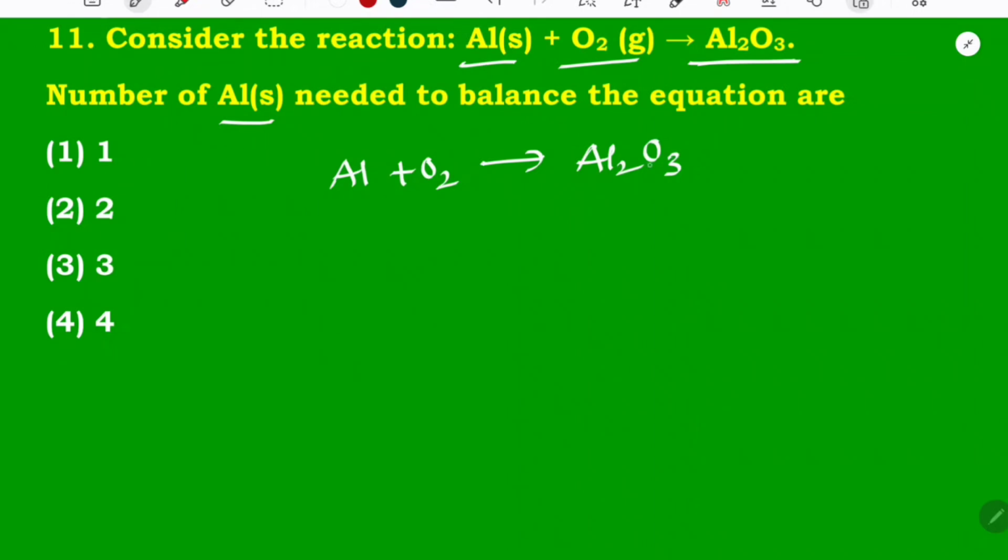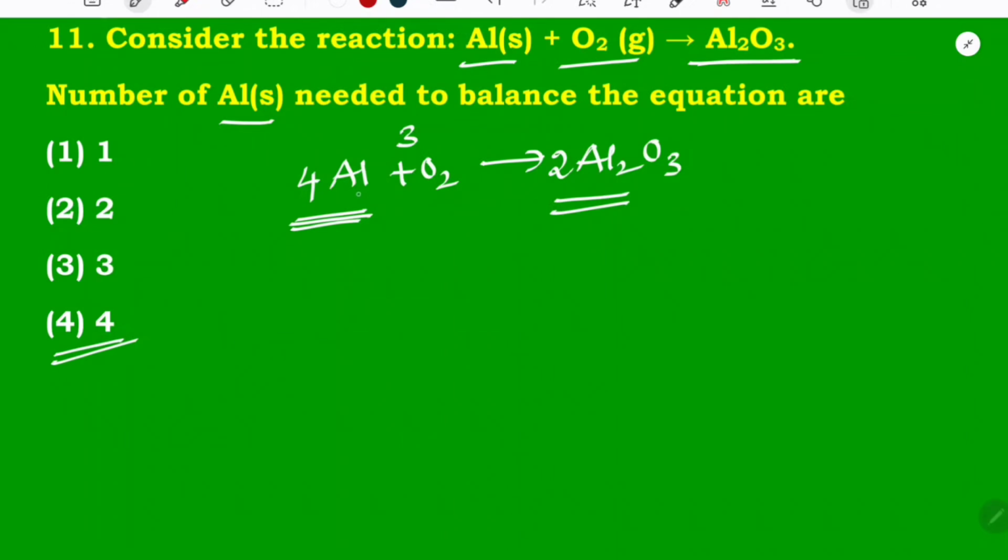First you can try: here I kept 2, here 2 means automatically 4 will come, here 6 means 3 will come. So how many aluminium atoms are needed? Total 4 aluminiums are needed. So this side 4, the other side only 2. So what is the correct answer? 4 aluminiums are needed to balance the equation.